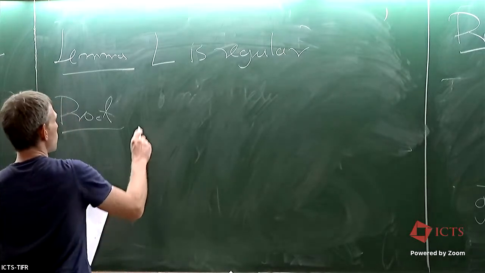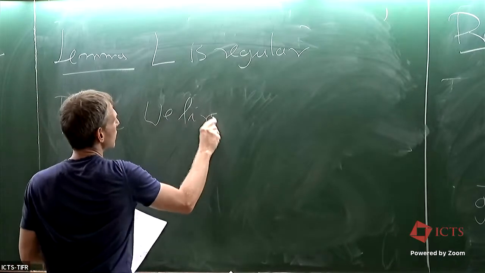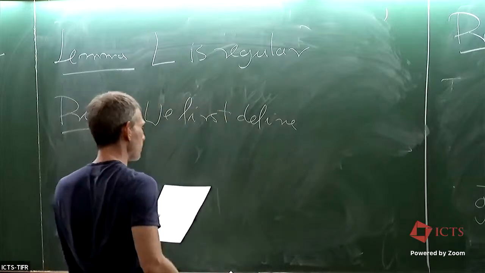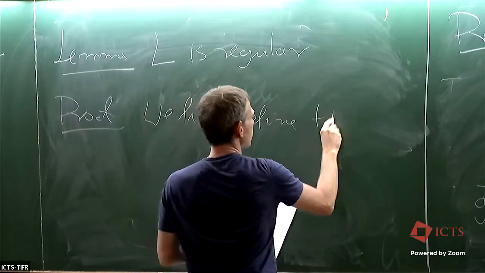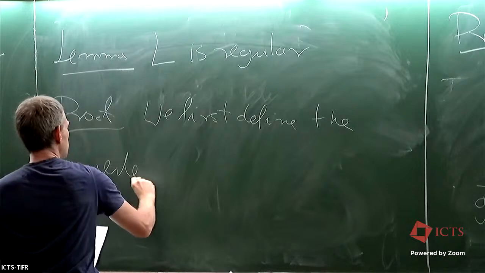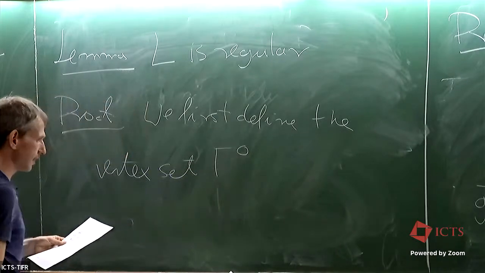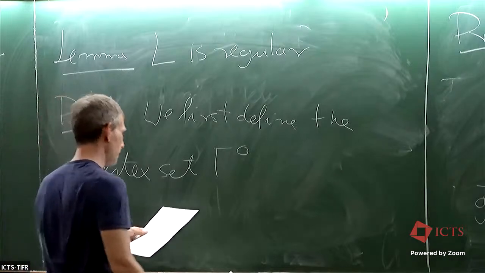Okay, so we first define the vertex set. We will say what will constitute the vertices of this automaton. The vertex set, we denoted it as gamma 0 on Tuesday.